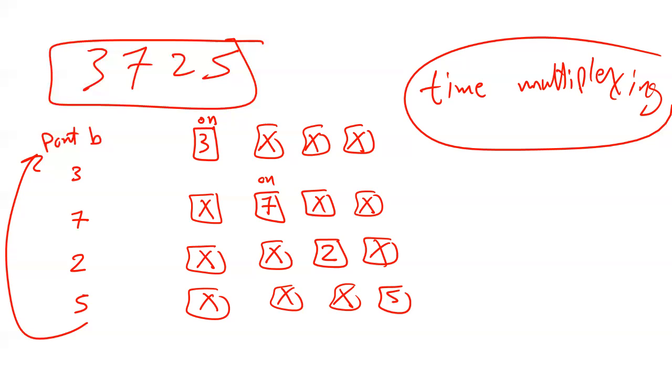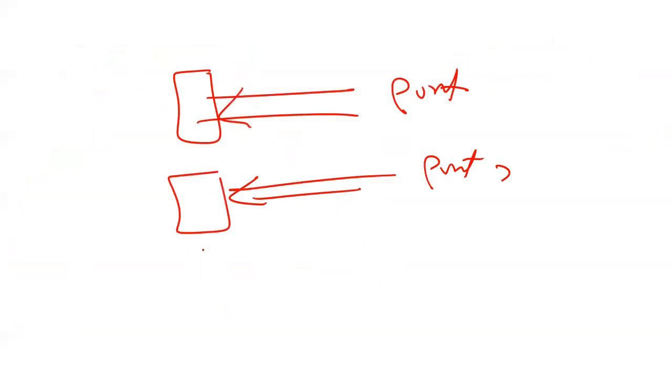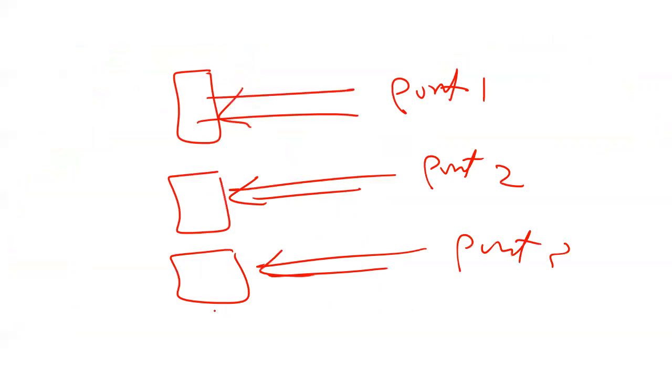Because the other way, if you don't do time multiplexing, is I'm going to use one display, so I have to connect it to one port. And another one has to be connected to another port. And this one connected to another port. And this one is connected to another port.